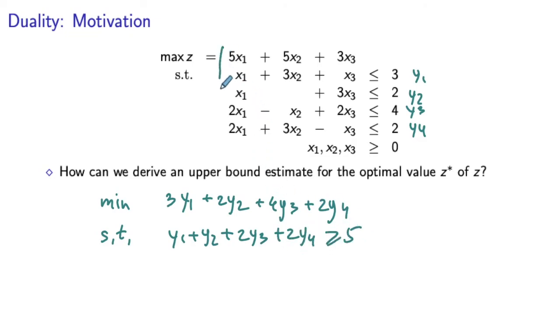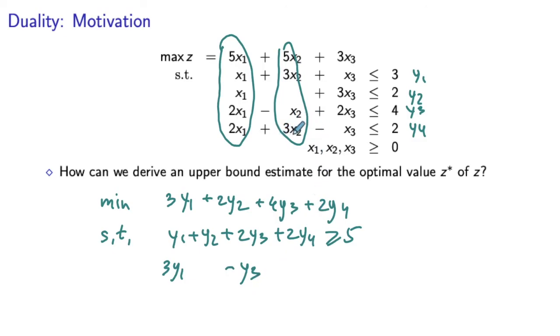So this corresponded to this column right here. Looking at the coefficients for x2, we will have 3y1, then we have 0 as the coefficient for y2, then negative 1 for y3, so minus y3, and then plus 3y4 is greater than or equal to 5 again.